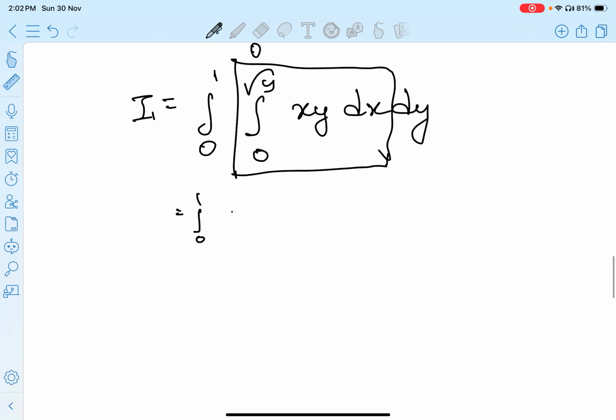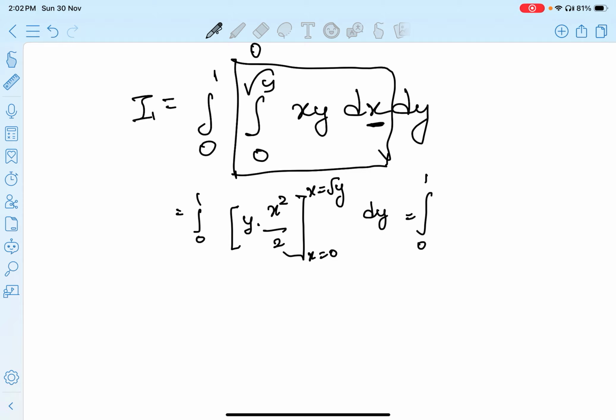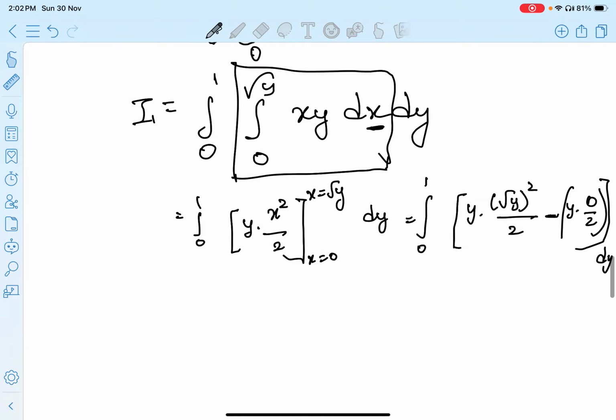Integral 0 to 1, y into x square by 2, substituting x equal to 0 to x equal to root y, dy. That equals integral 0 to 1 of y times root y square by 2 minus y into 0 by 2, which is 0, and also we have dy.